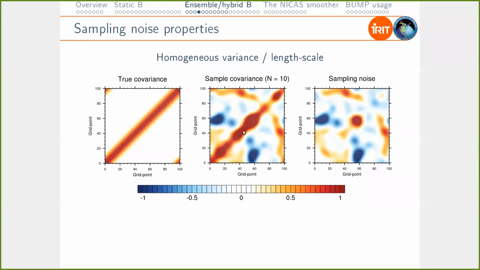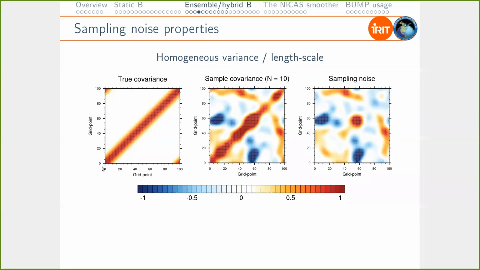Another thing I would like to mention is the sampling noise properties. The sampling noise that is affecting the covariance matrix is not completely random because it has some structures that are linked to the true covariance. Here, in this example, on the left, we have the true covariance matrix, and it's completely homogeneous.